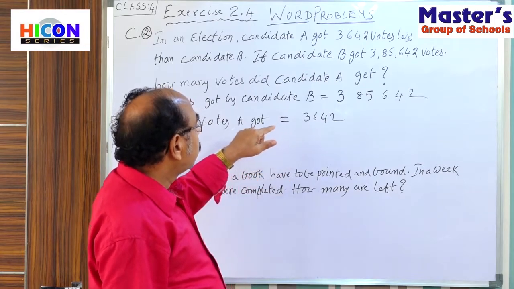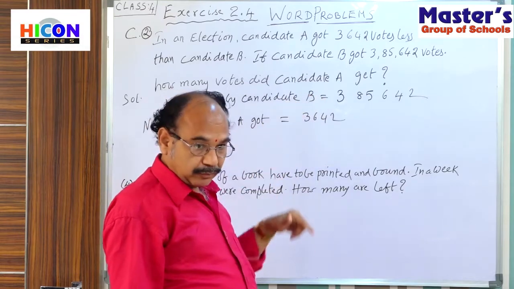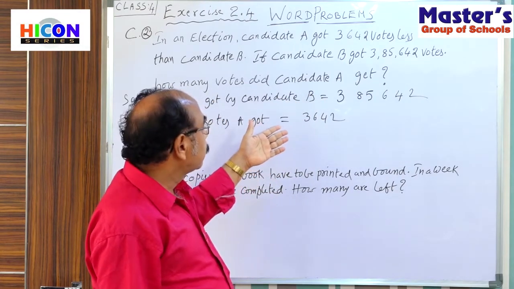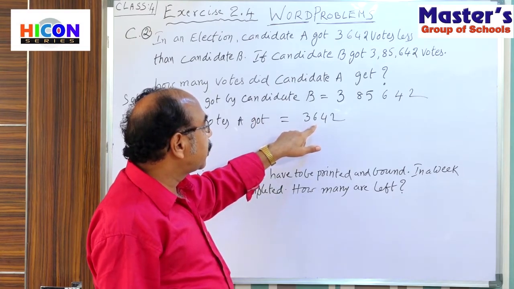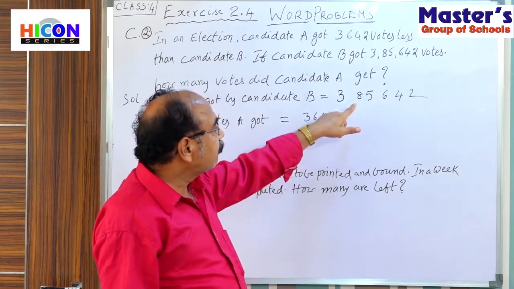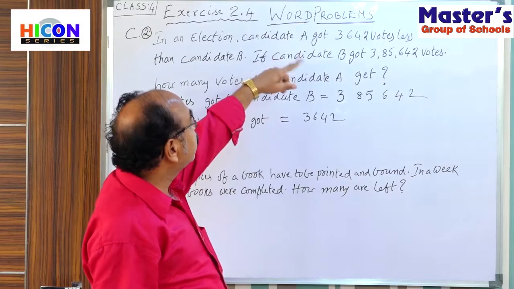So, now votes got by A, to get this, we subtract 3,642 from 3,85,642, because less he got now.